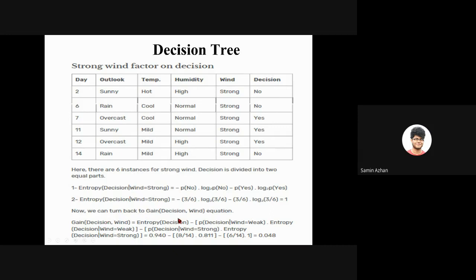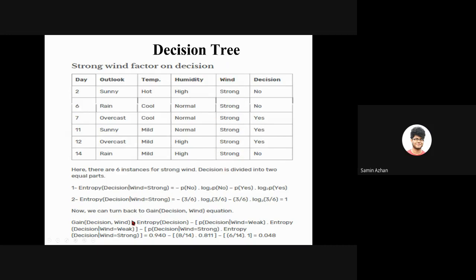Now we can turn back. Okay, now we will try to figure out the gain, the information gain. So entropy stands for impurity, and what information gain stands for is how much information we can gain if we choose wind as the first root node in our tree.